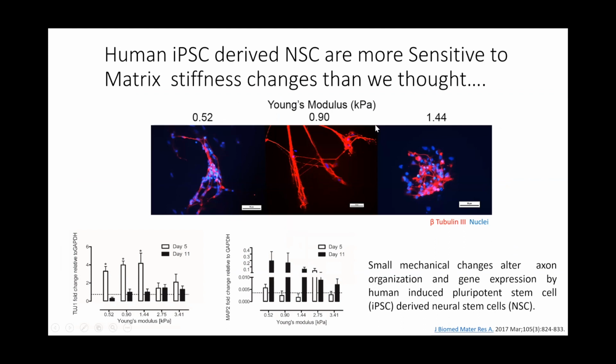So what you can see is over a 500 kilopascal change, we have gross cytoskeletal changes in terms of the structure of the cells. And this correlates with mRNA expression for cytoskeletal markers, TUJ and MAP2. So these small changes can really have significant outputs on how cells behave, how they align, and the neural network outputs you get.